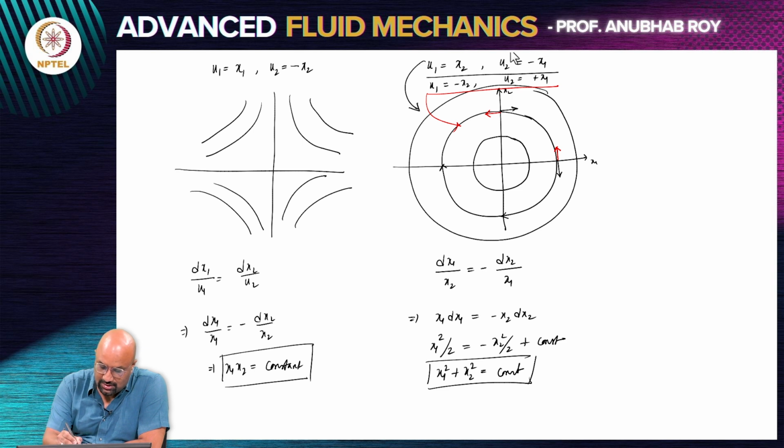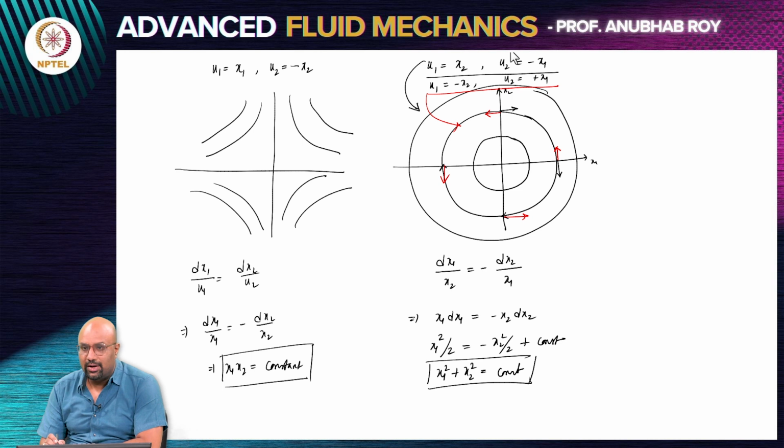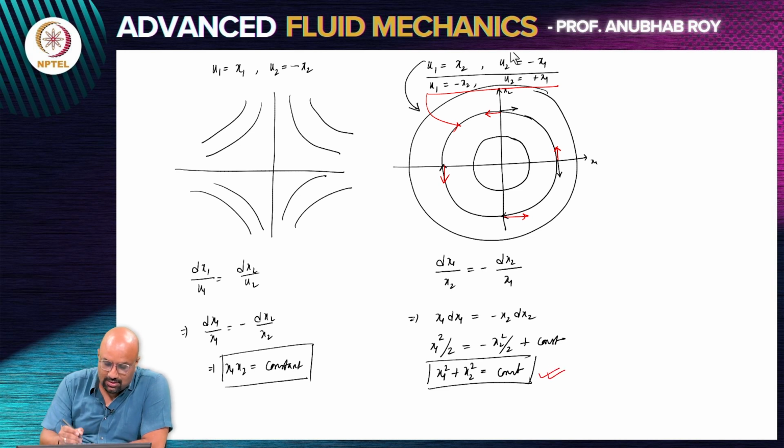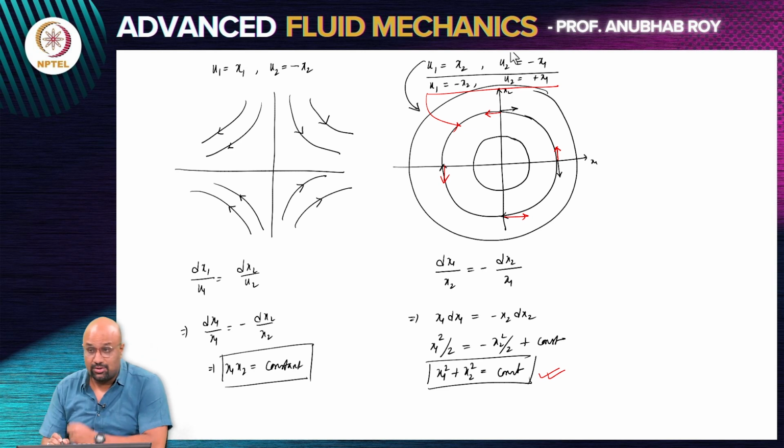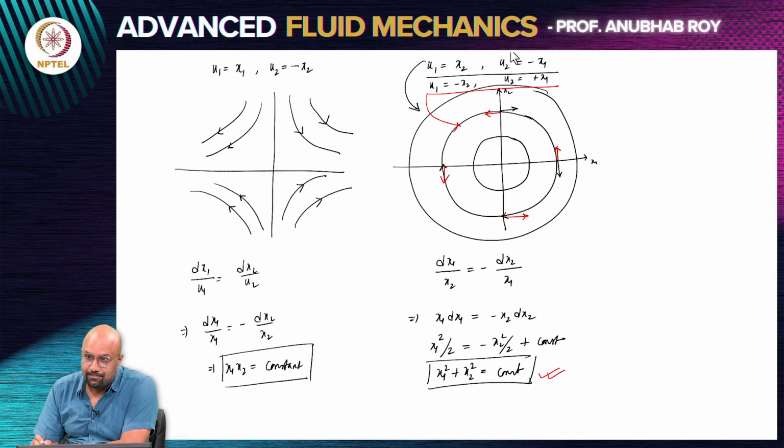So in which case, you would actually have a motion that is going in the counterclockwise sense. So even though the two have the same family of streamlines in terms of mathematical form, it's important to indicate what are the directions of motion along the streamline. So drawing arrows on the streamlines is important.